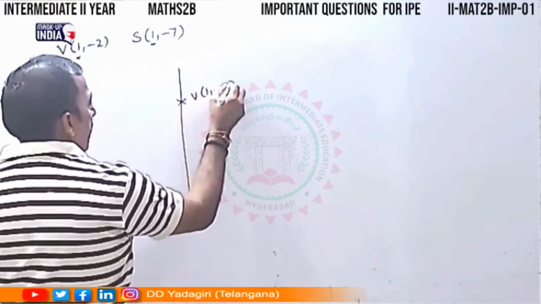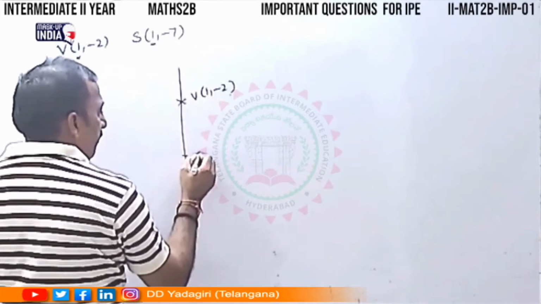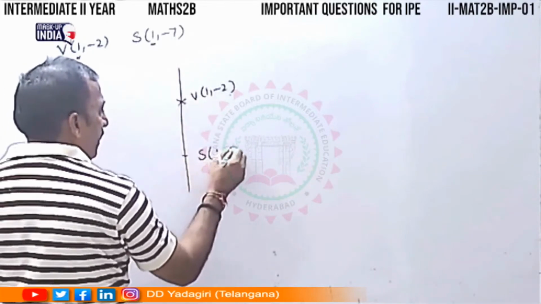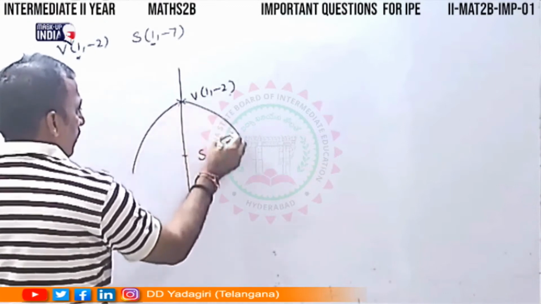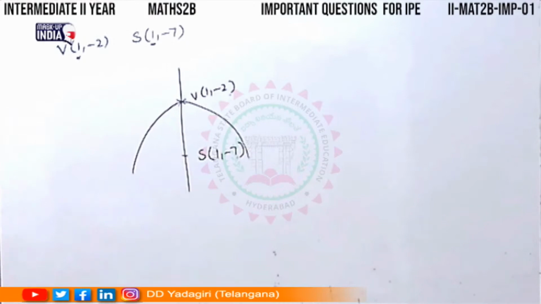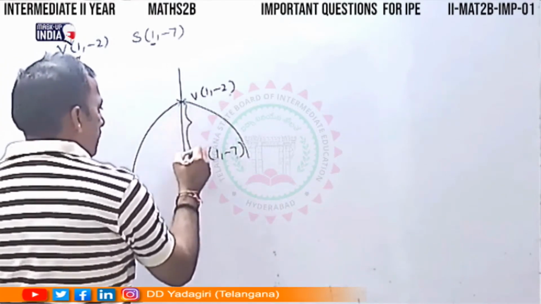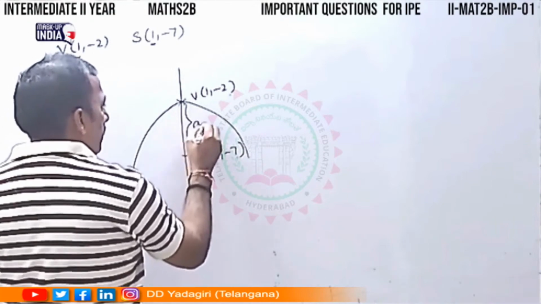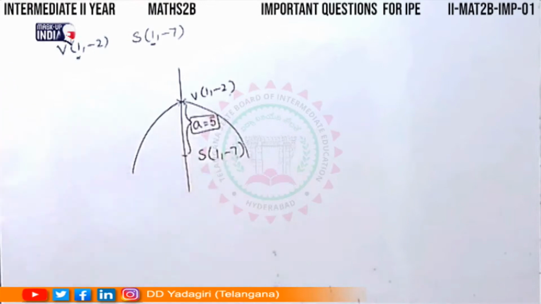Vertex is (1, -2). Focus -7 lies below -2. The distance between vertex and focus, a, is equal to 5. It is a downward parabola.